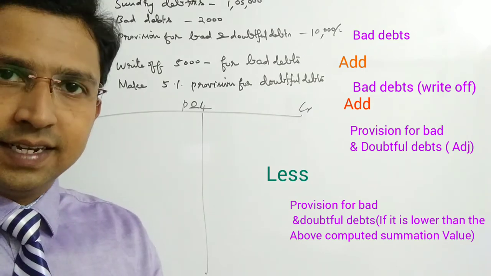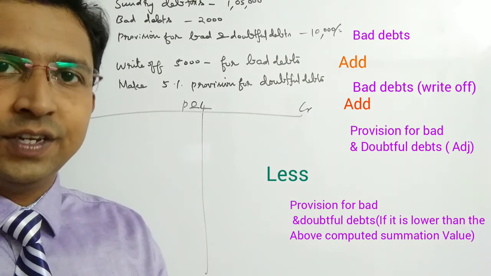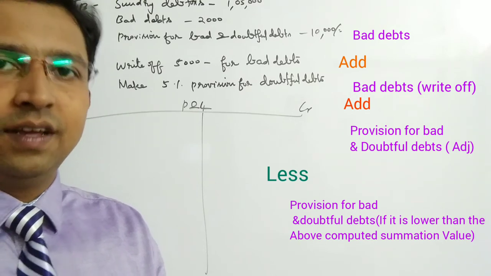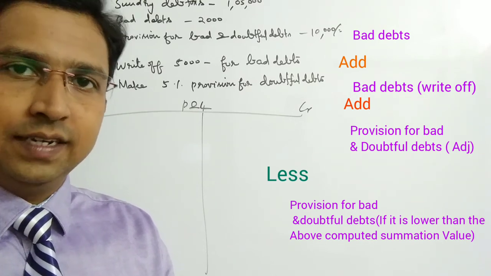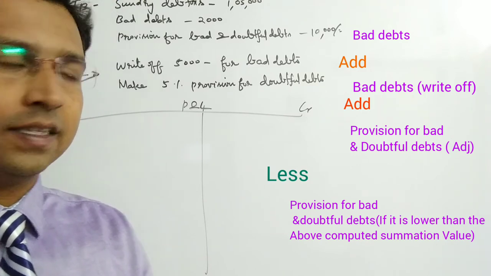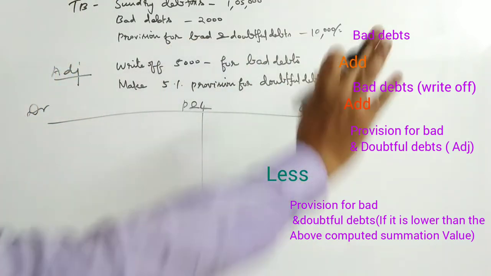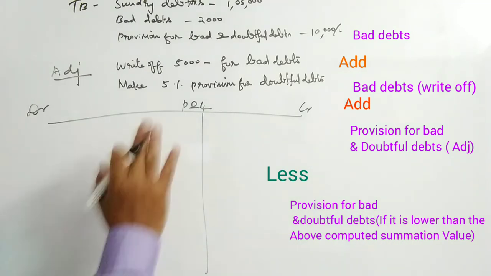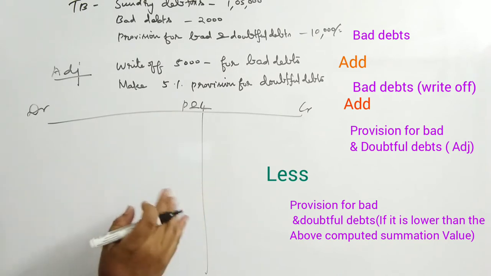So existing bad debts, add new adjustment bad debts, then add new adjustment provision for bad and doubtful debts. Then from the value we have arrived at, we subtract the existing provision. So this is the general format. Okay, let us start.